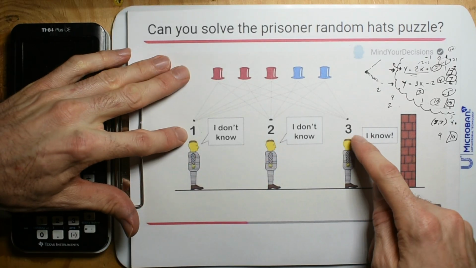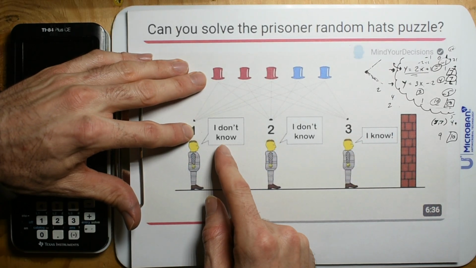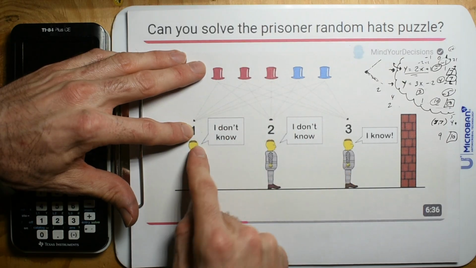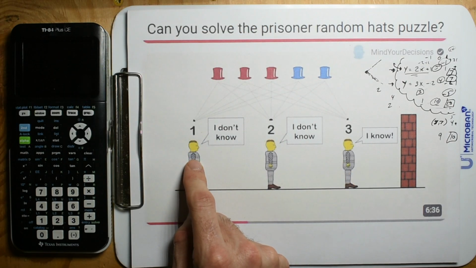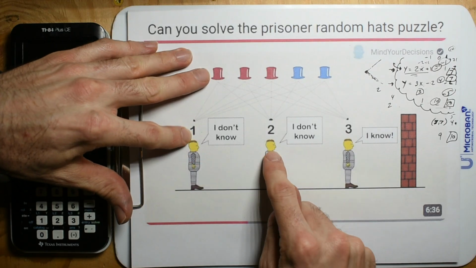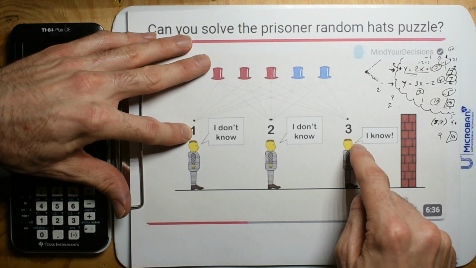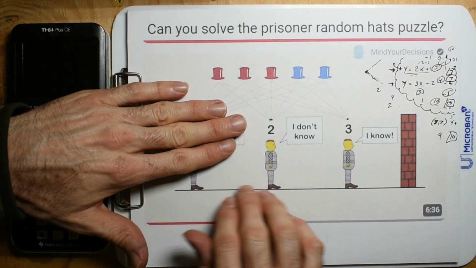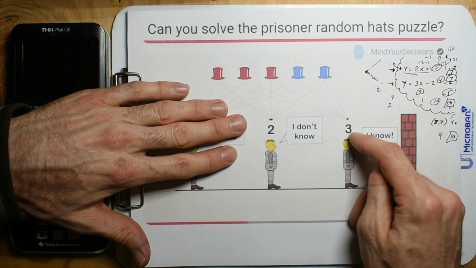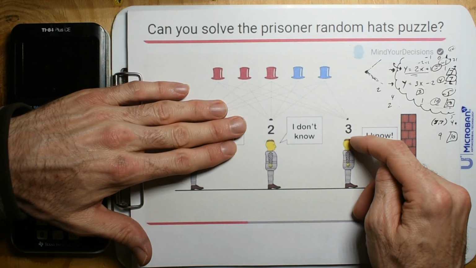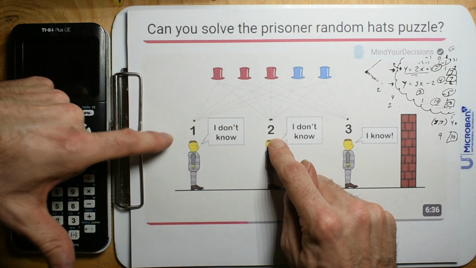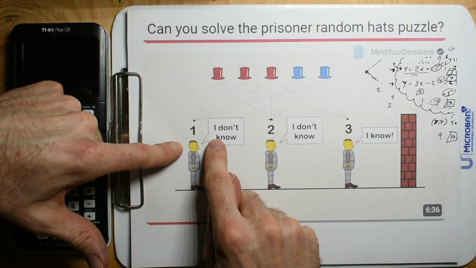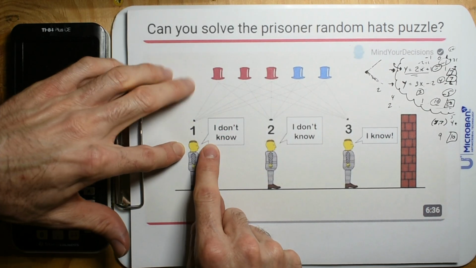So prisoner 1 still has to say, I don't know, because there's still a blue hat that he could have on top, and a ton of red hats, you know what I mean? But then prisoner 2 sees prisoner 3, so we're done with this guy. Prisoner 2 sees this blue hat and knows that if prisoner 2 was wearing a blue hat, again, prisoner 1 would have said, I know, right off the bat.